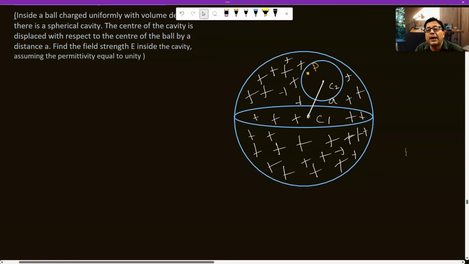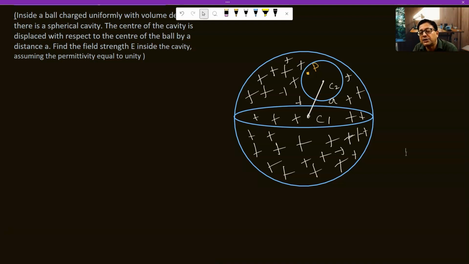We'll assume that the whole sphere is charged with positive charge, and this smaller sphere is charged with negative charge. So by the superposition principle, when these two volumes intersect, this portion becomes chargeless.